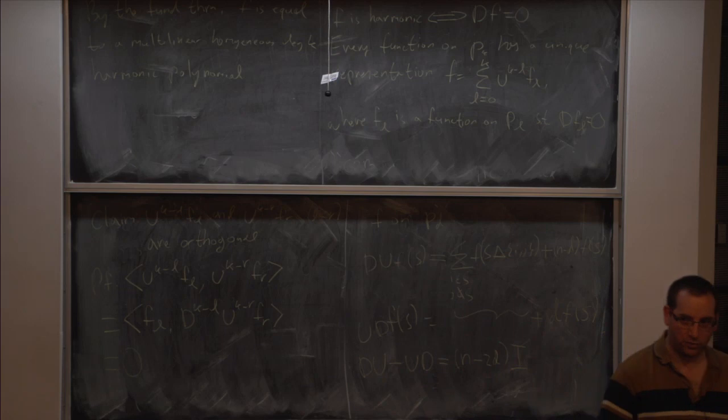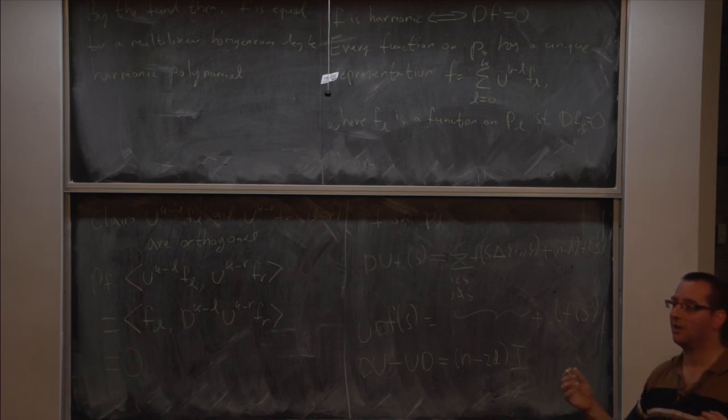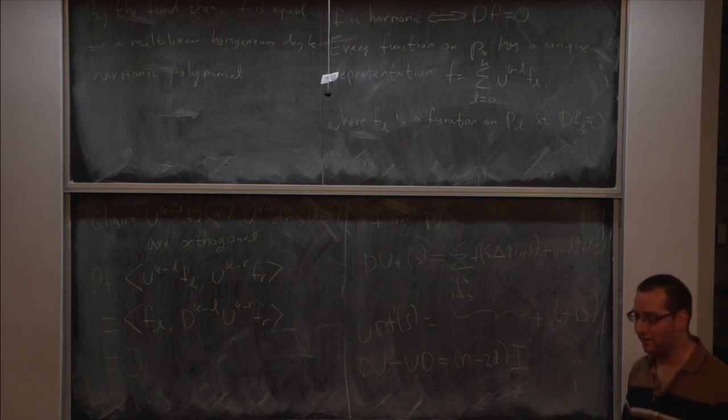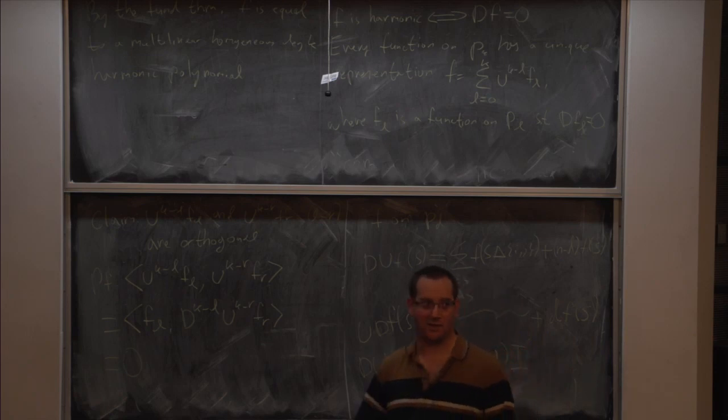So now I would like to briefly mention some other settings where you can hope to do a similar sort of Boolean function analysis. So this would be part 3.